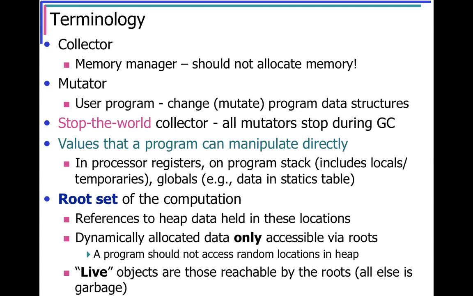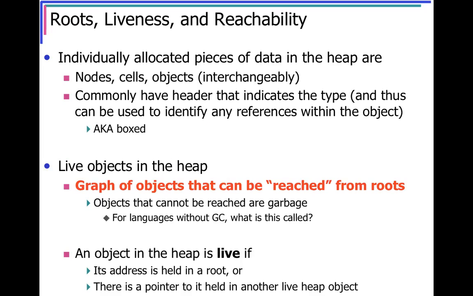These root sets are variables that have references that point to heap locations, and we're going to use these variables to find all of the data that our program can access. The data that programs can access are called the live objects, and these are objects that are reachable from the roots. Throughout this presentation and those that follow, I refer to objects interchangeably with nodes and cells.